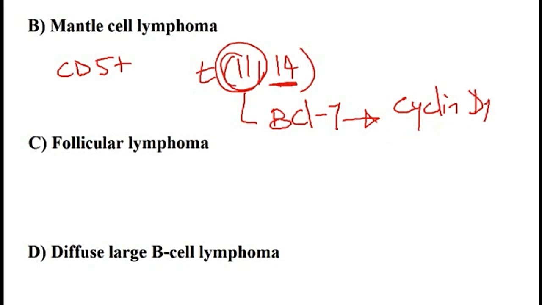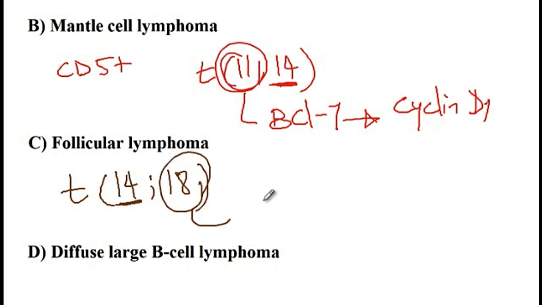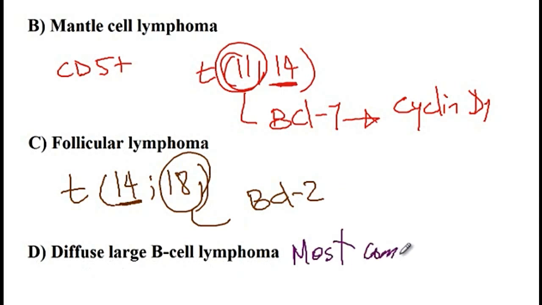The next condition is follicular lymphoma, which is caused by the translocation 14 to 18. So 14 codes for the heavy chain immunoglobulin, while 18 codes for the BCL2 gene, which prevents the apoptosis. And then finally, we have the diffuse large cell B lymphoma, which is the most common adult form of non-Hodgkin lymphoma that presents with a large transformed B cells with prominent nucleoli and basophilic cytoplasm.